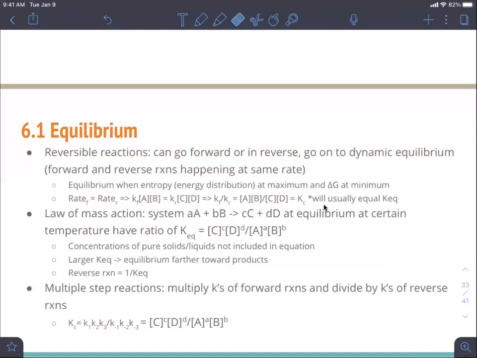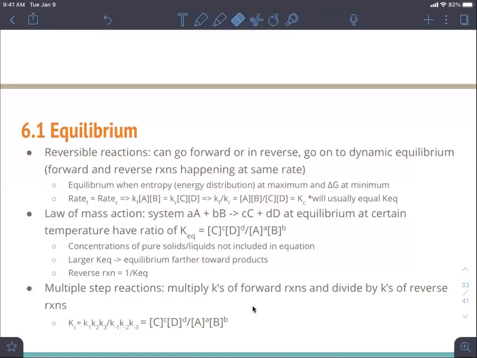And stable always means very little energy change. So, yeah, it's a stable state basically. So this is the derivation of K concentration. K concentration will usually equal K equilibrium, and K equilibrium is the equilibrium constant. Before we had the rate constant, now we have the equilibrium constant. Thankfully, the equilibrium constant is a lot easier to get than the rate constant because it's literally just products over reactants.